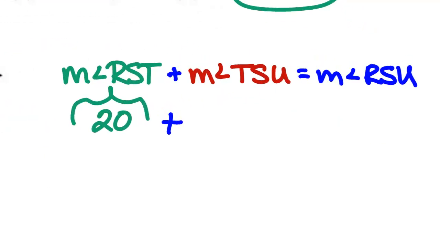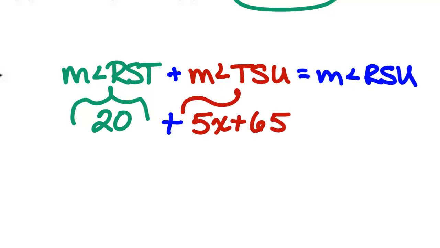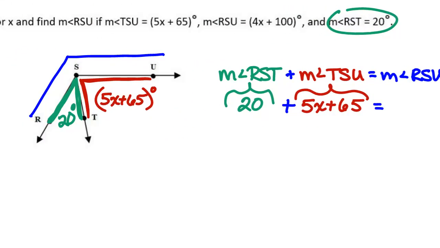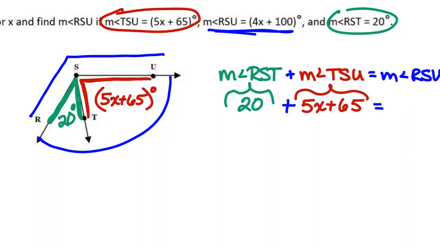So I'm going to put that in place over here, 5x plus 65. Do we know how big RSU is? 4x plus 100. So this whole thing is 4x plus 100 degrees.